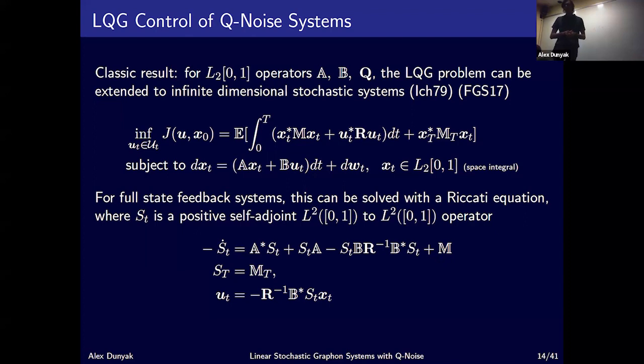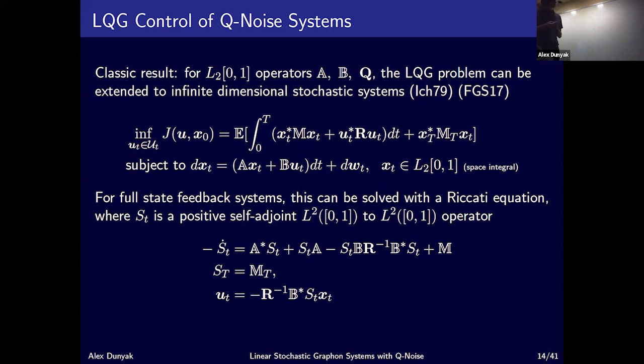Here, instead of having a finite dimensional system, you have a flow in an L2 space given by this differential equation in L2 space defined here, and it satisfies this top objective function, where you're trying to minimize the expectation of the quadratic function of these L2 states xt and your L2-valued controls ut.